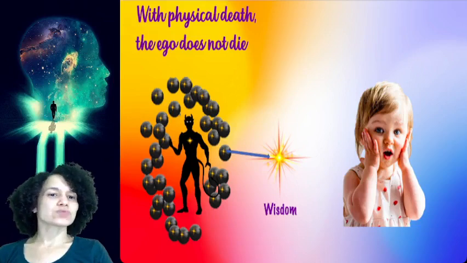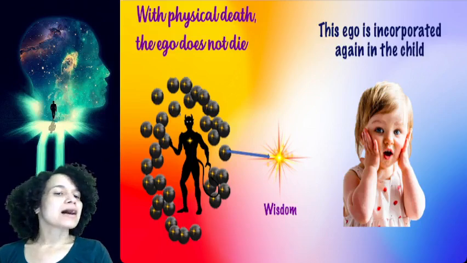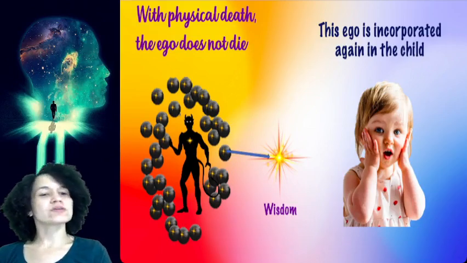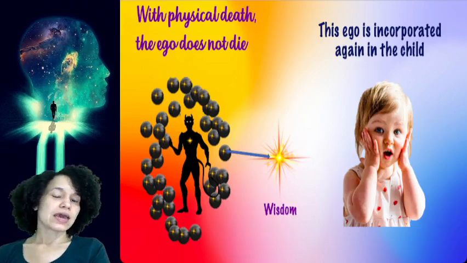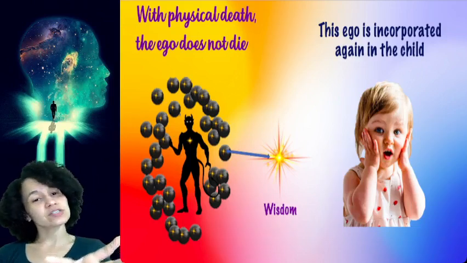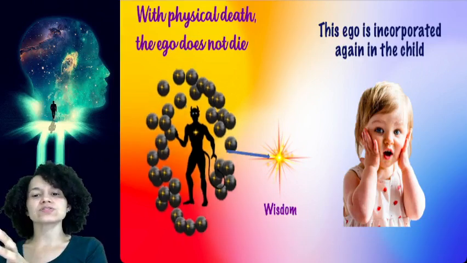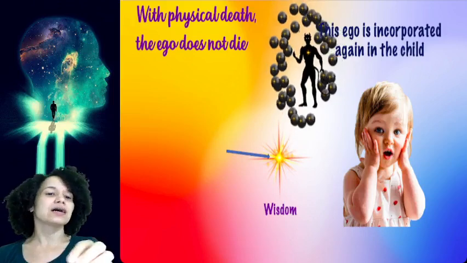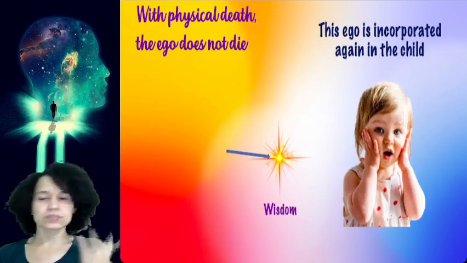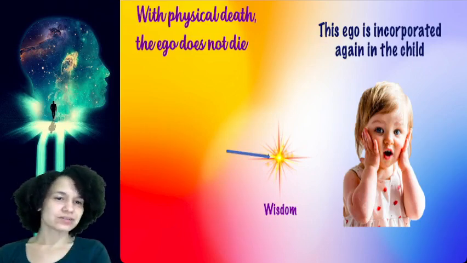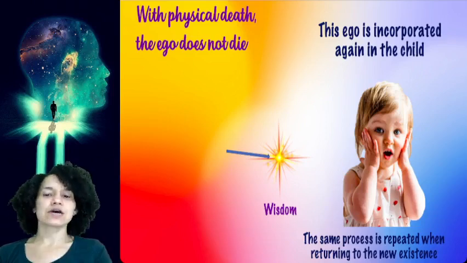But as long as we have not exhausted those 108 opportunities, by law of return, we must come and take a new physical body. And although it is unfortunate, when returning to a new physical body and developing a new personality, the ego is reincorporated in the new physical body. So we bring this baggage with us, and the same process is repeated existence after existence.